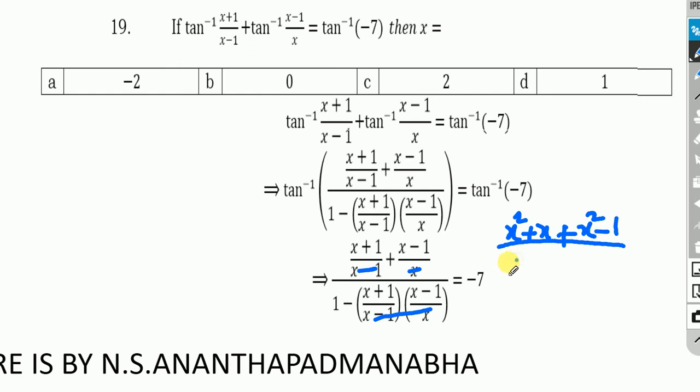Here that is I have x square minus x minus of (x plus 1) into (x minus 1), which is minus x square plus 1, which is equal to minus 7. So we can see this in the next slide.